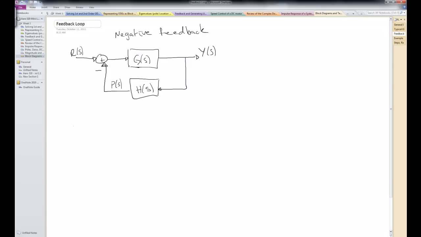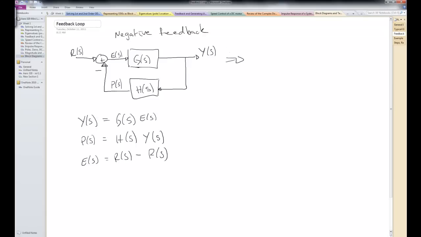So I can write down the following. I have Y of S equal to G of S times whatever's going into here. Let's call that E of S. Then I can write down that P of S is just H of S times Y of S. And finally, I can look at the comparator and say that E of S is just R of S minus P of S. So with these three equations, I can make substitutions and solve for one block diagram.